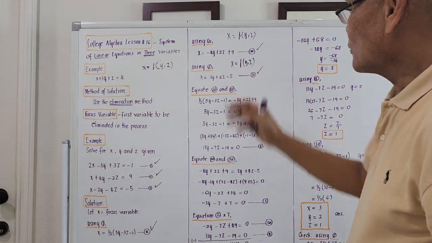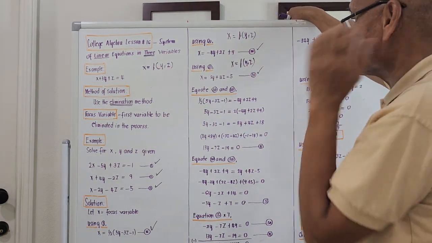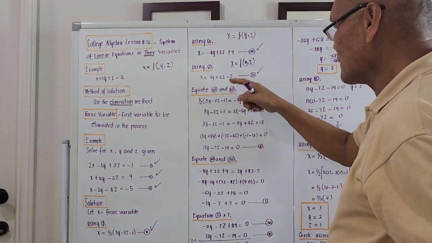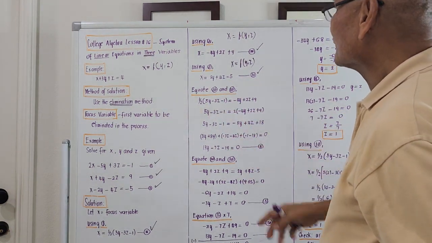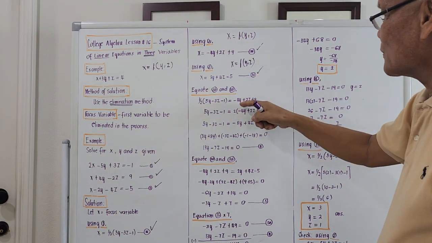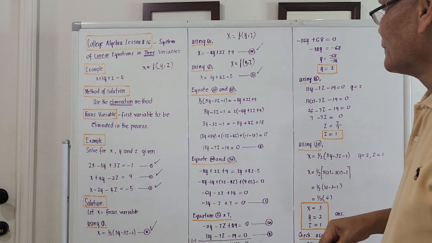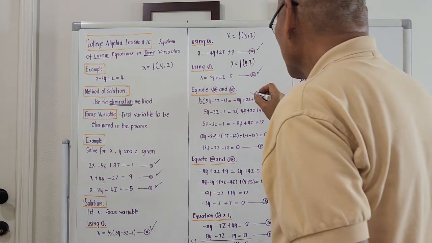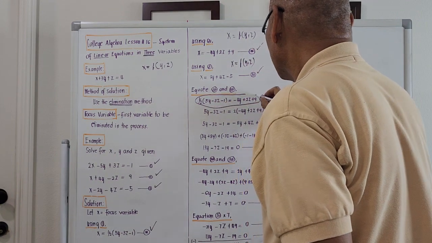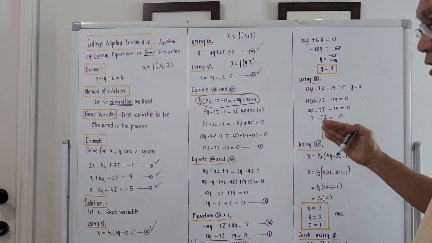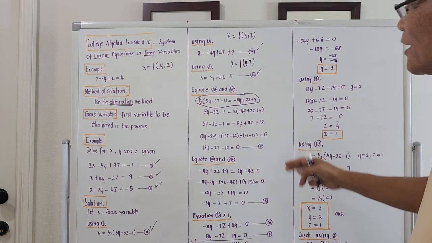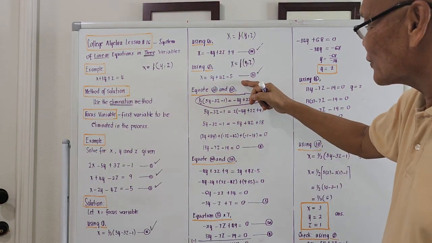The value of x using equation 1a is 1/2 times the quantity 5y minus 3z minus 1, equal to the value of x using equation 2a, which is minus 4y plus 2z plus 9. If you try to visualize this one, there are no more x. That's why we eliminated x by equating equation 1a to 2a.